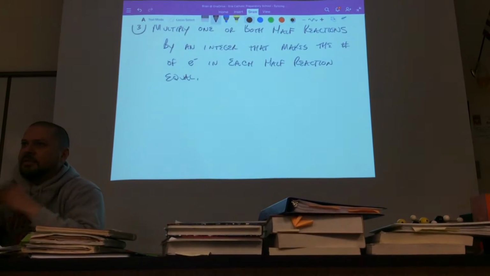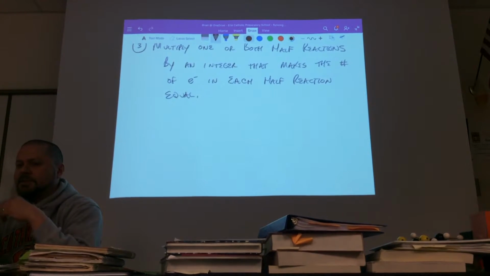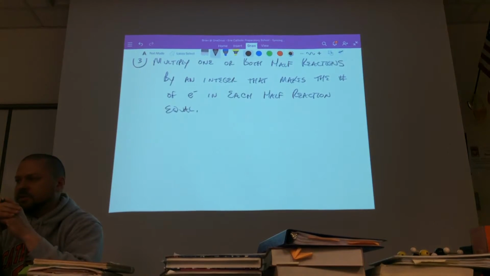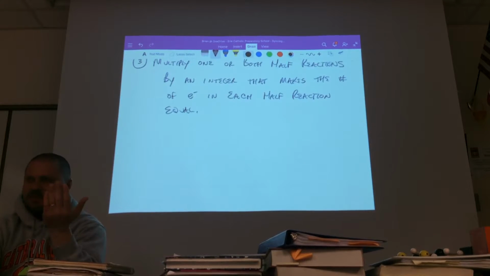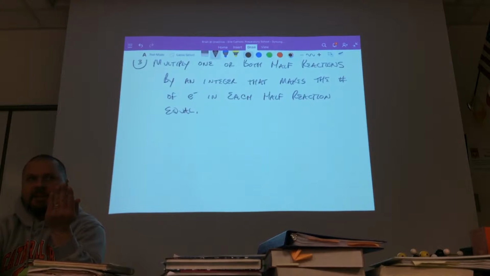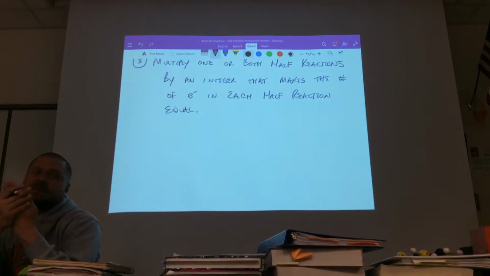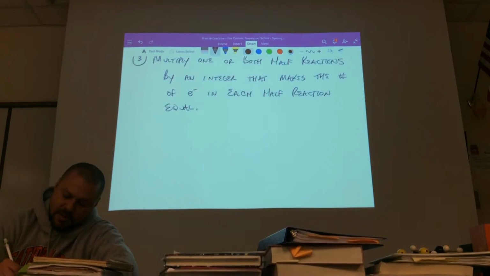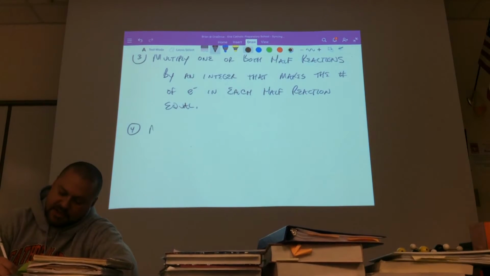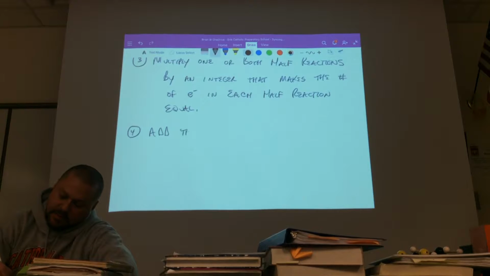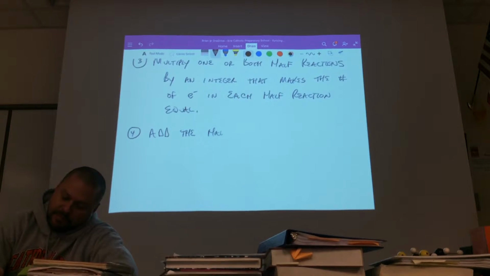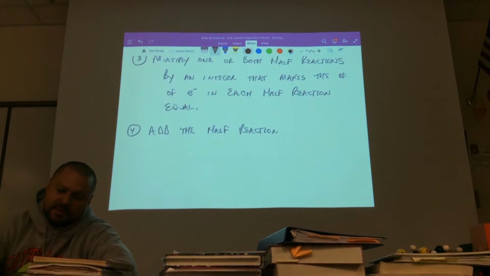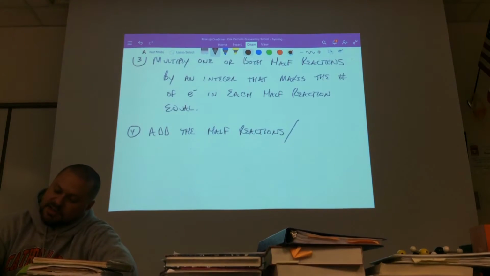Okay, so now we're going to get them to the point where if somebody loses $10, then somebody gains $10. That can happen. So if somebody loses 4 electrons, then the other one gains 4 electrons. Now I'm going to smash those two half reactions back together, because my goal is to balance this reaction overall. So we're going to add the half reactions and cancel where necessary.